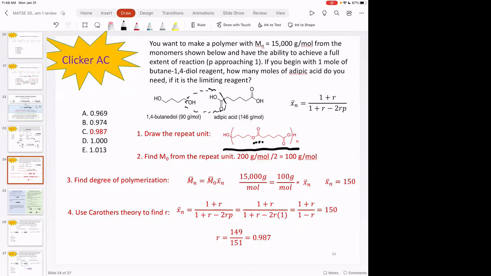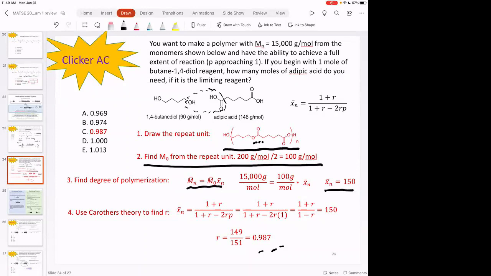Here's my repeat unit right here. And then the tricky part again, as we started the class with, find M0. So 200 grams per mole is the stuff between the parentheses. And since there's 2 monomers in that repeat unit, M0 is 100 grams per mole. That is the hard part of this question. And since M0 is 100 grams per mole, I've got this equation right here, which tells me if I divide the chain molecular weight by the M0, I get my X bar n of 150 and I can solve for R, et cetera, et cetera.